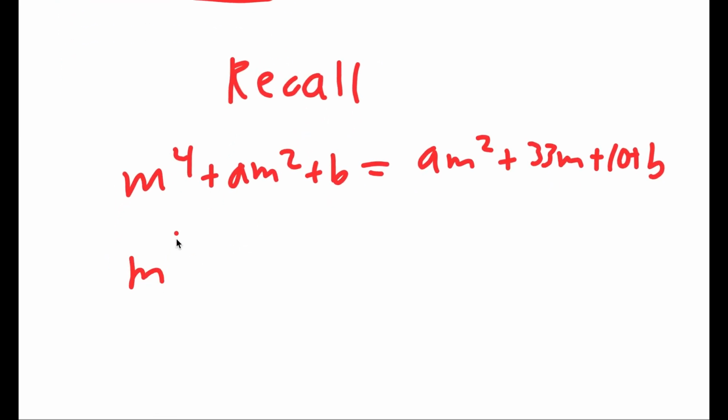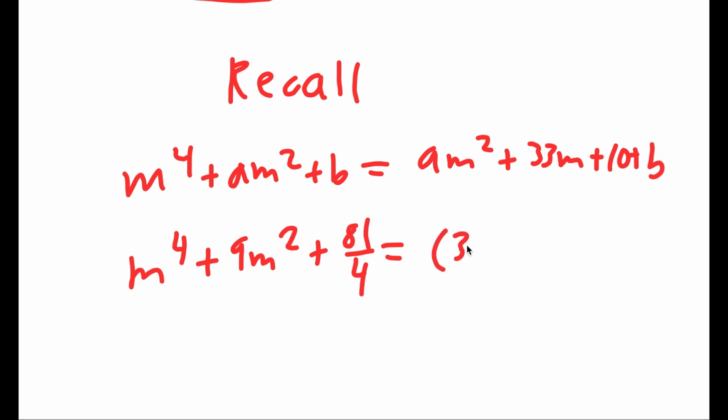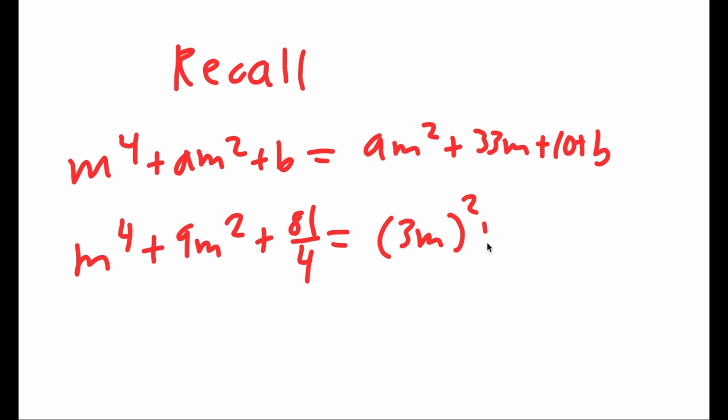So now we're going to plug the values of a and b here. So I get x to the power of 4 plus 9x squared plus 81 over 4 is equal to 9x squared plus 33x plus 10 plus 81 over 4, which is 9x squared plus 33x plus 121 over 4.